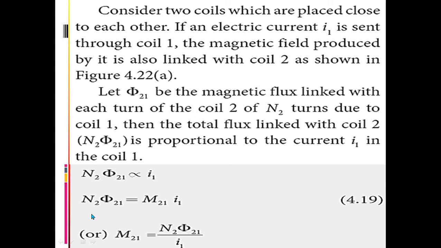So now N2 phi 21 can be written as capital M21 into I1. When we remove the proportionality, we multiply by the proportionality constant M21, that means mutual inductance 21, into I1.